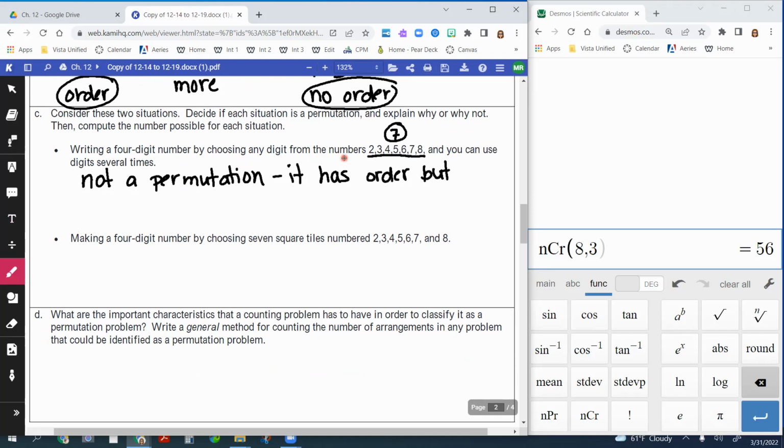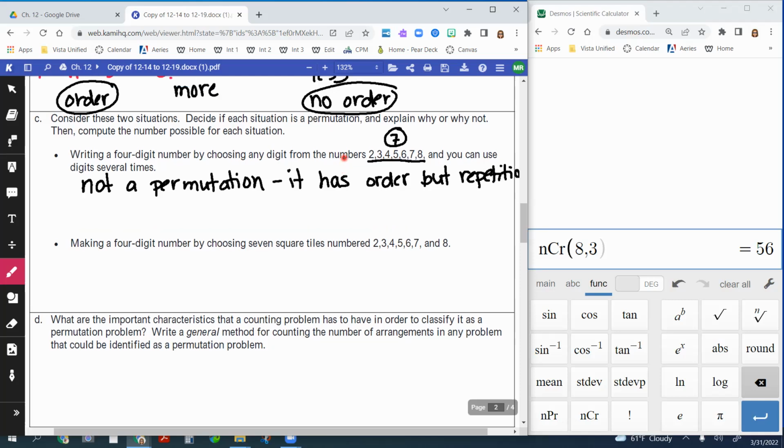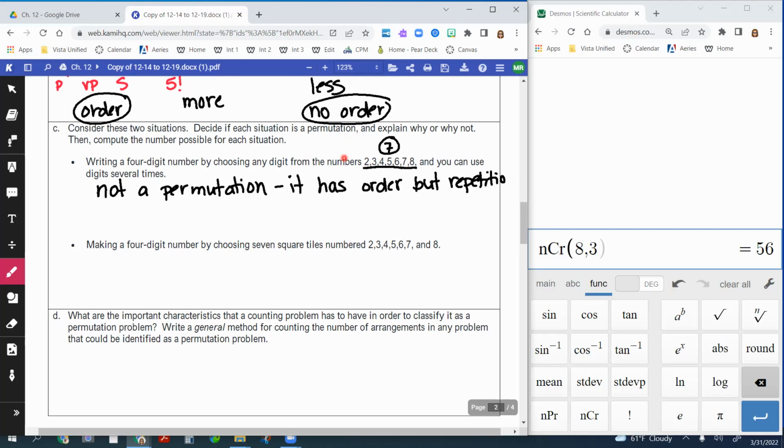but repetition's not allowed for a permutation. And in this case, we had repetition. Okay, and they want us to compute this.